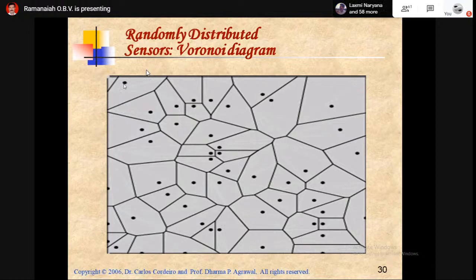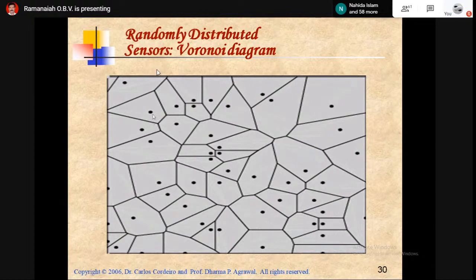How many neighbors does it have? One. So you draw a line. You are not bothered about the corner ones, but the other ones. You complete the entire sensing area. You can say how much area each sensor node is covering. So this node is covering this area. It is an approximation, right?